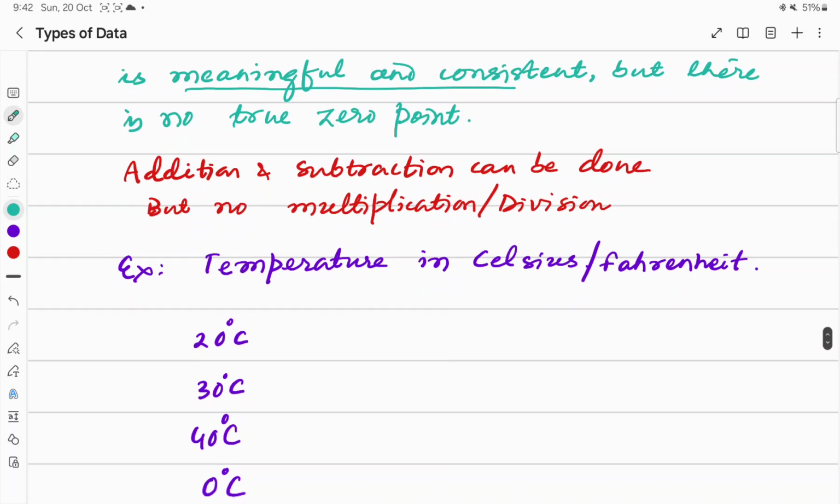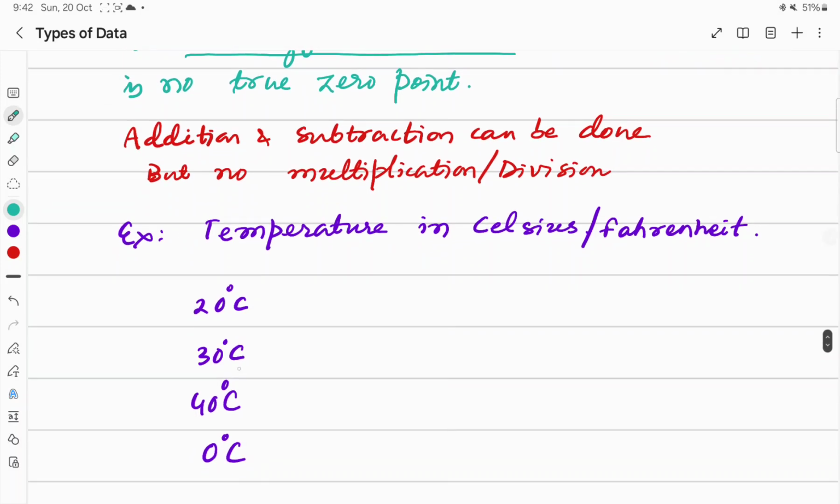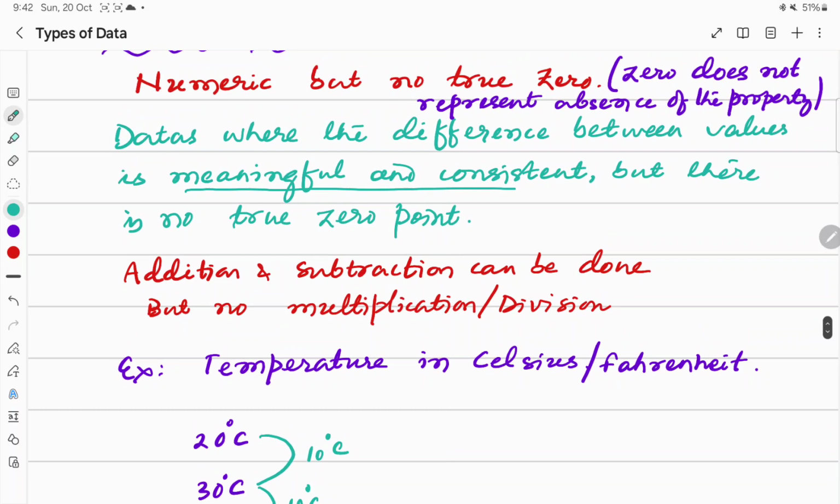Suppose there is data 20 degrees Celsius, 30 degrees Celsius, 40 degrees Celsius. The difference between 20 and 30 degrees Celsius is 10 degrees Celsius, and same from 30 to 40, there will be 10 degrees Celsius difference. So we can say that the difference between values is meaningful and consistent, but there is no true 0 point.